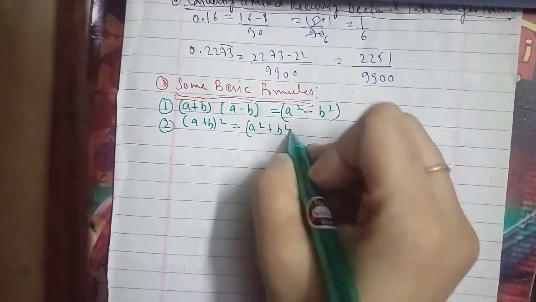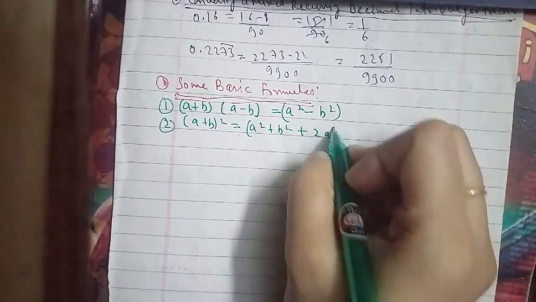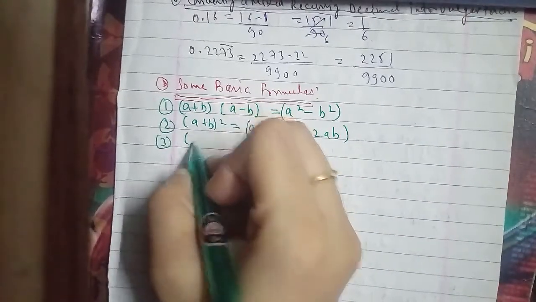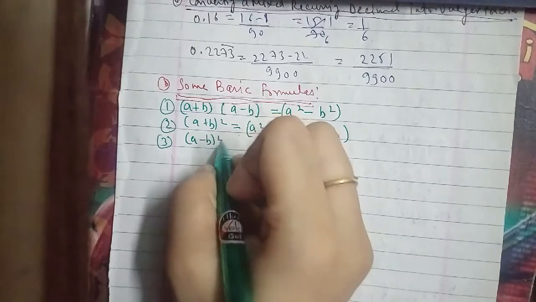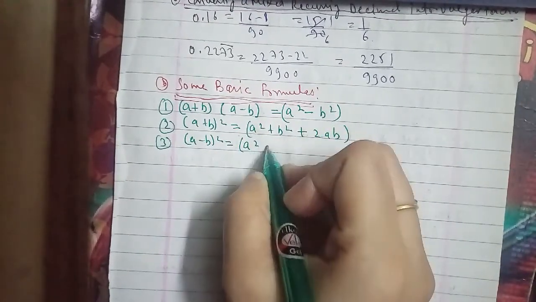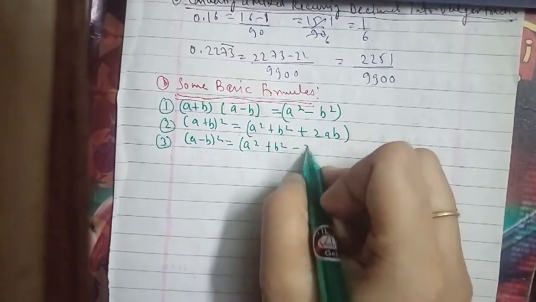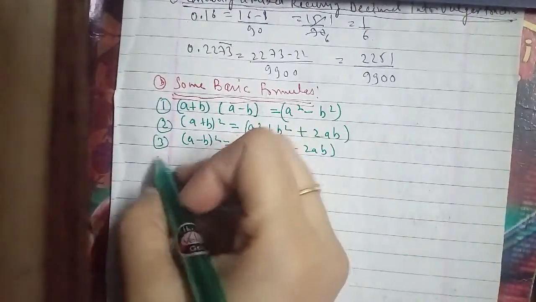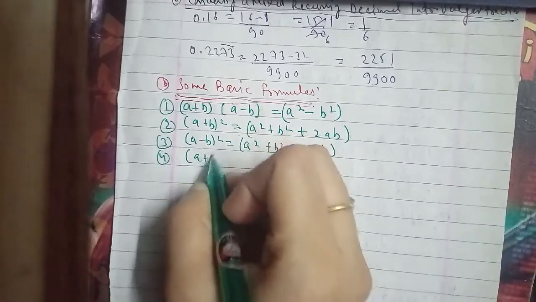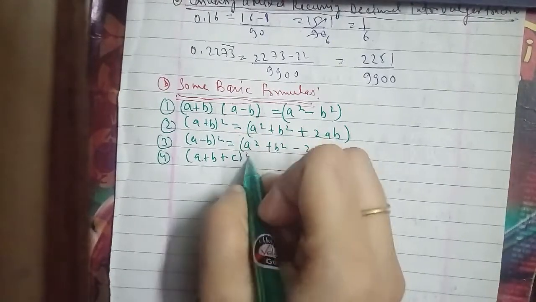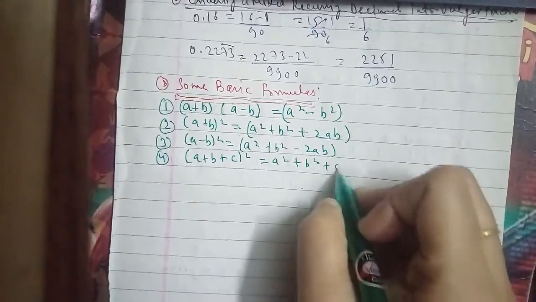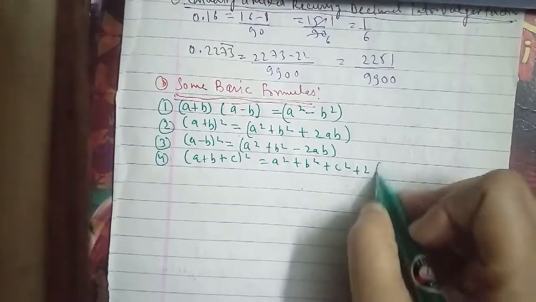The third formula: a minus b whole square equals a square plus b square minus 2ab. The fourth formula: a plus b plus c whole square equals a square plus b square plus c square plus 2ab, plus 2bc, plus 2ca.